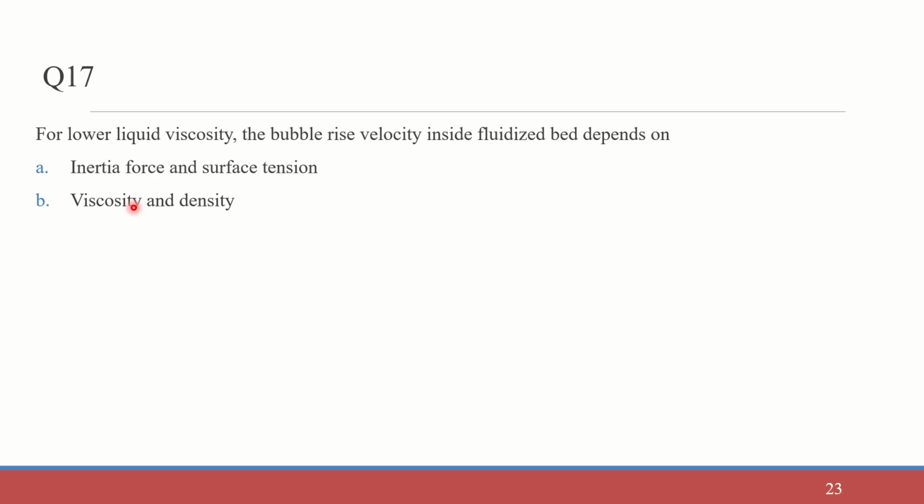Option B, viscosity and density. Option C, gravity. Option D, buoyancy force. For a lower liquid viscosity, bubble rise velocity actually depends on inertial force and surface tension, so the answer is option A. Because the viscosity is lower, the surface tension plays an important role for the bubble rise velocity. So the answer is option A.